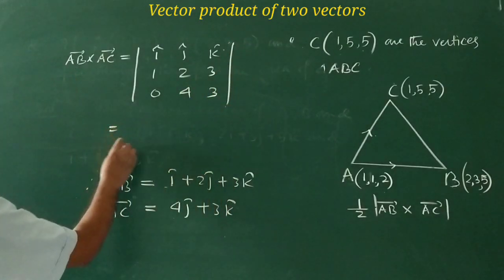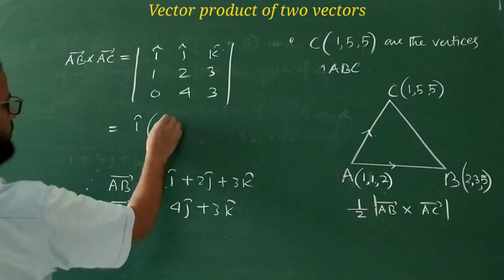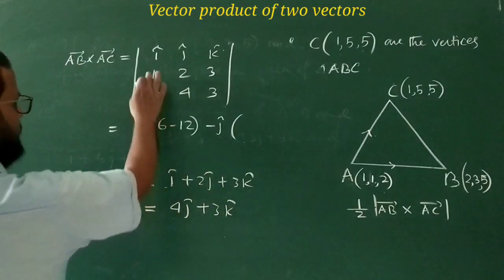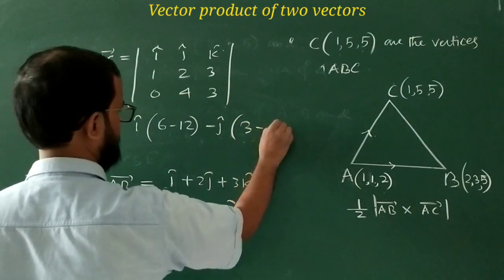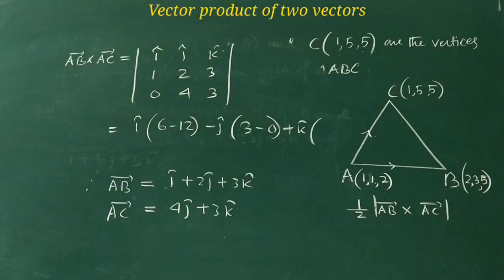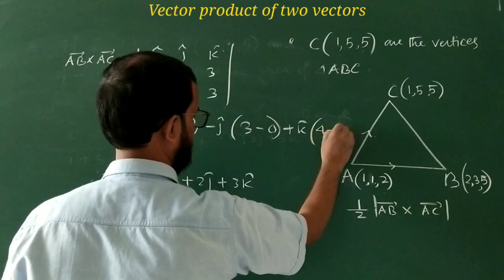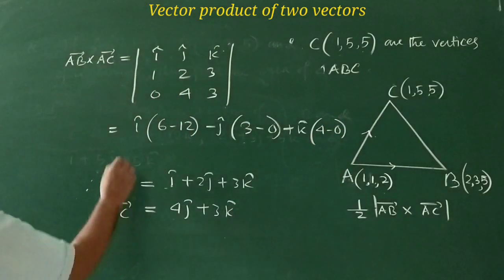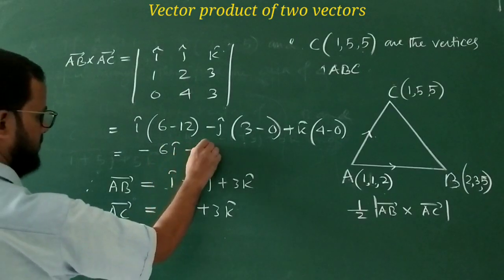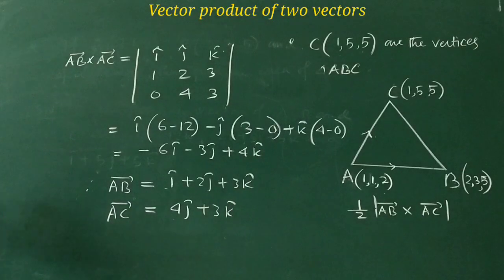If you expand it, you will get i cap times 6 minus 12, minus j cap times 3 minus 0, and k cap times 3 minus 0. So it will be minus 6 i cap, minus 3 j cap, plus 3 k cap. This is the AB cross AC vector.